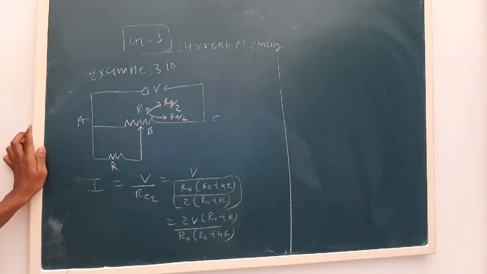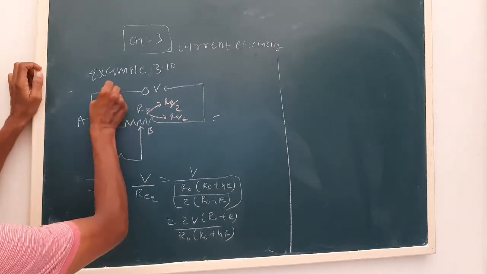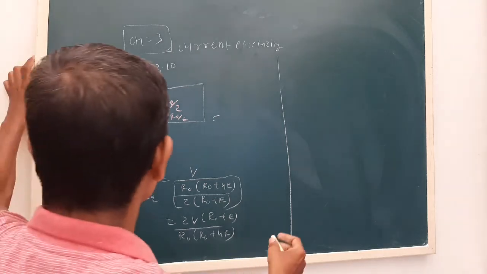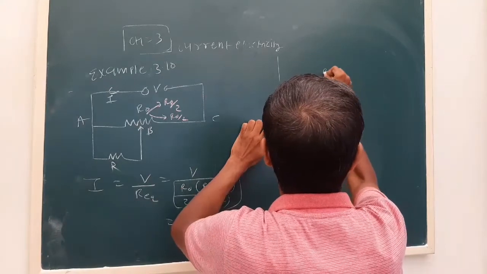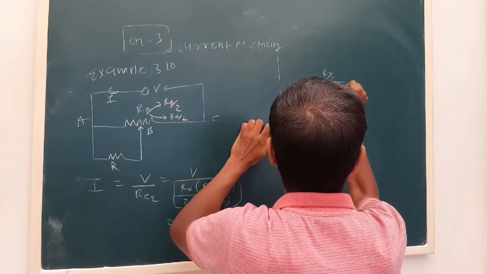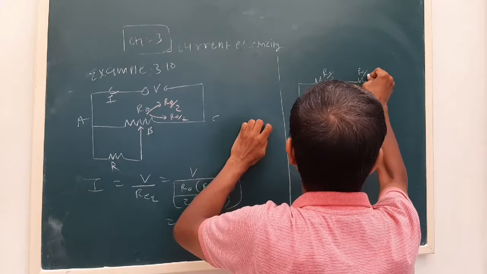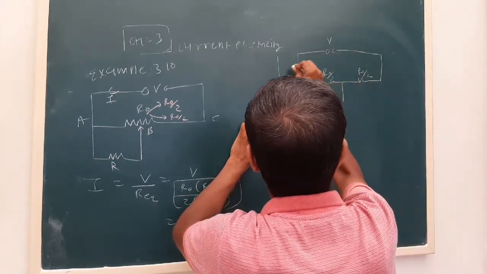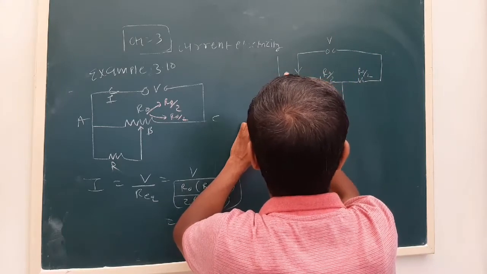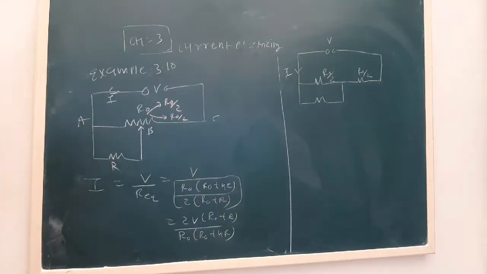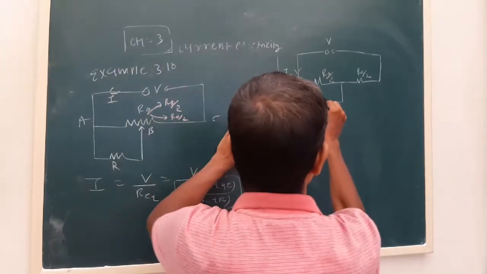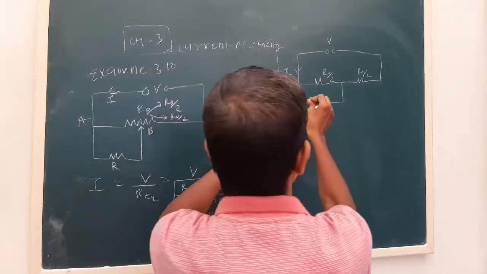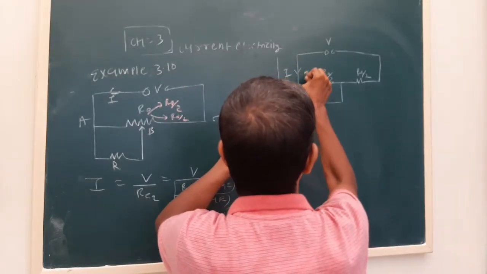Now, see, this is the total current, let us say I. We can redraw. This is the total current in the circuit. Now we know in parallel the current is divided into I1 and I2.